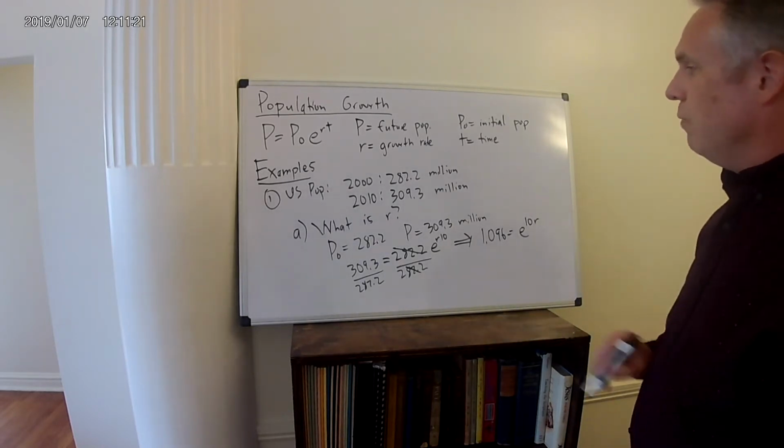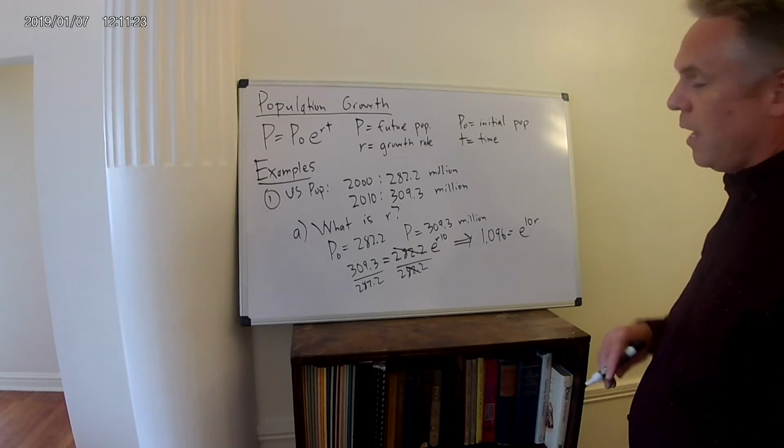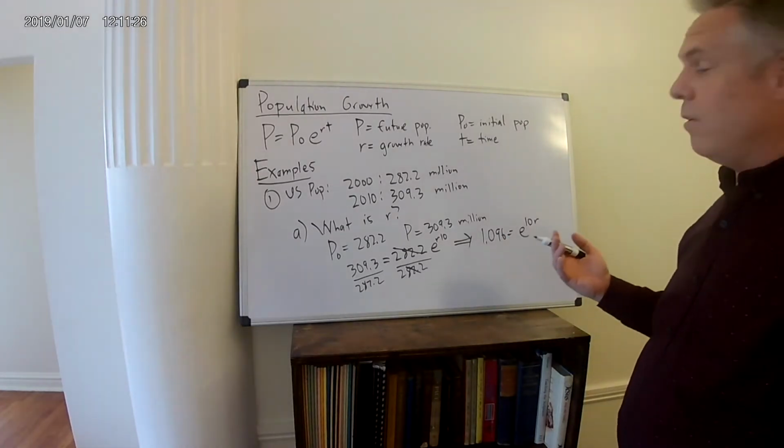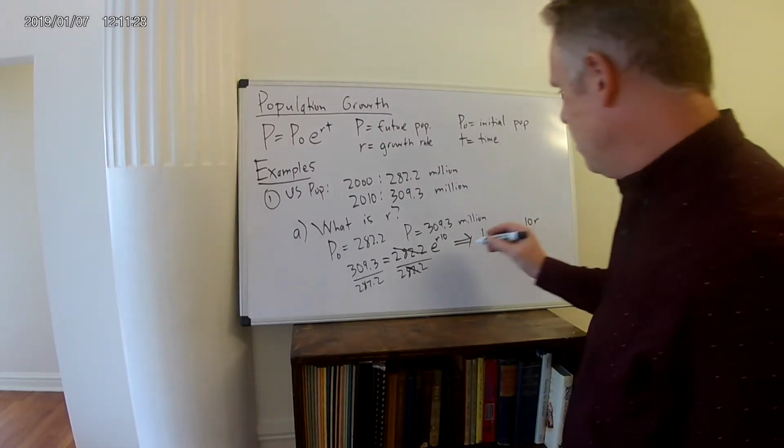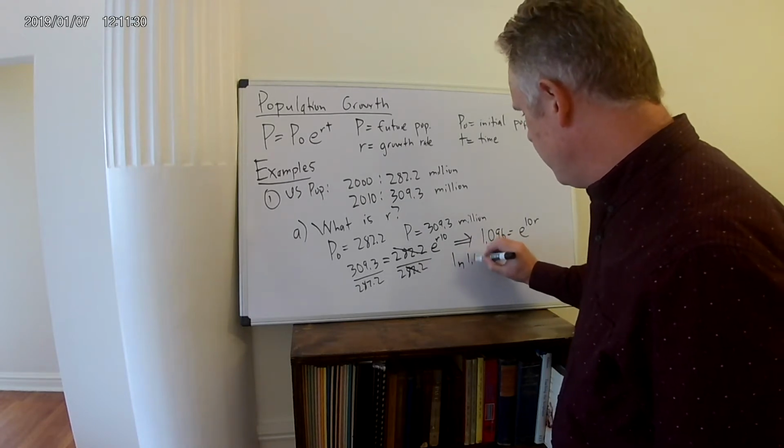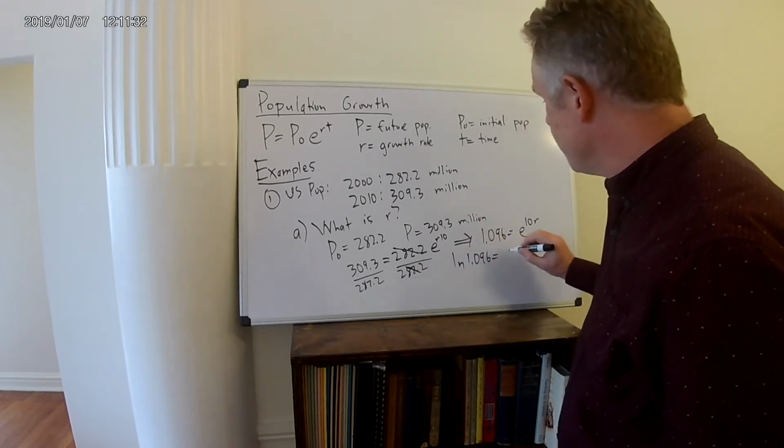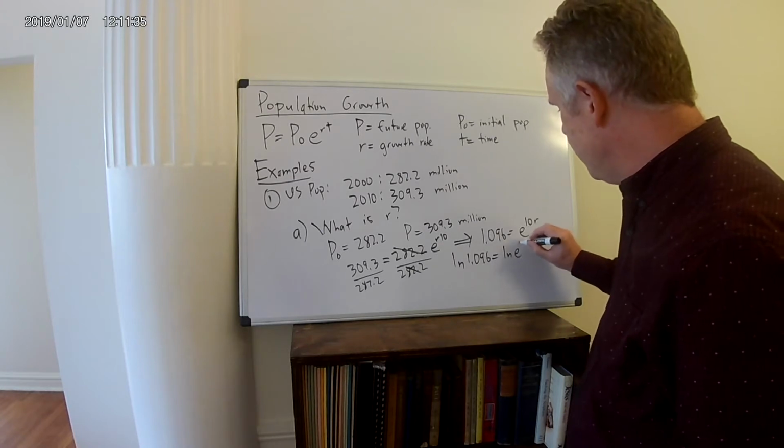Now we want to solve this equation for r, and the standard approach is to take a natural log. So we take the natural log of 1.096 on both sides, which equals the natural log of e to the 10r.